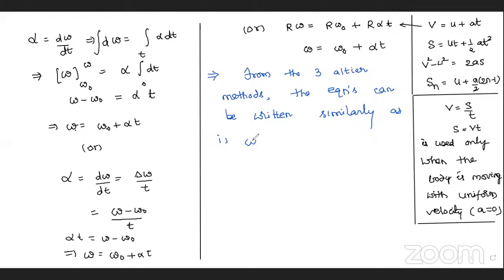First equation: omega is equal to omega naught plus alpha t, I write.